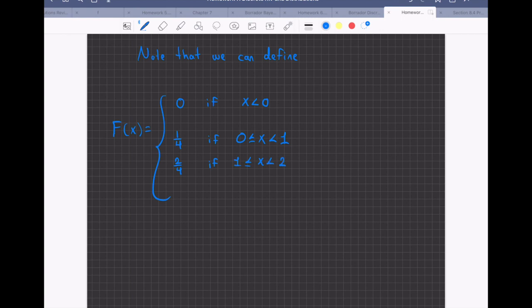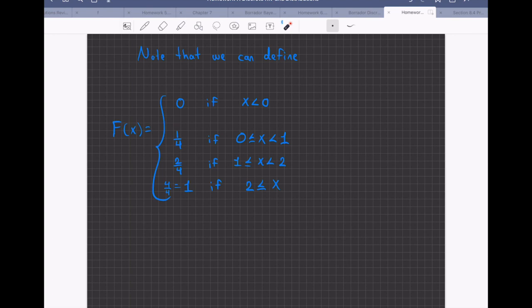And finally, it's going to be 4/4, or 1, for any x greater or equal than 2. And notice how in this way we have defined a function with domain over all the real numbers.